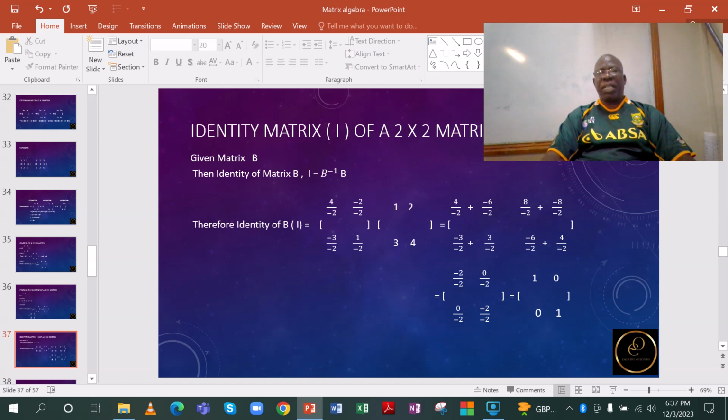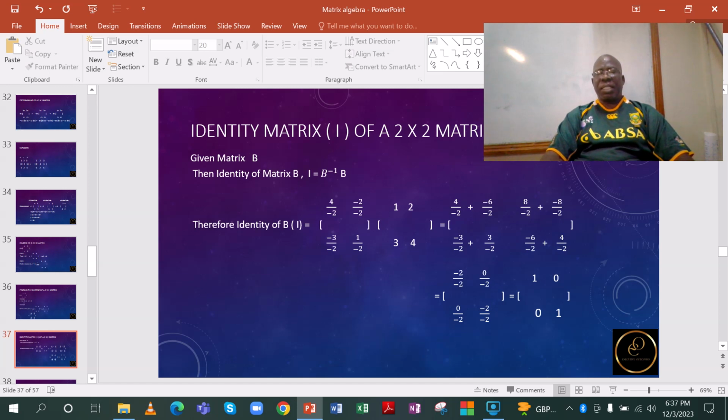Then you have the second row into the second column, which will be negative 3 over negative 2 times 2 plus positive 1 over negative 2 times 4. So it will simplify to negative 6 over negative 2 plus 4 over negative 2.